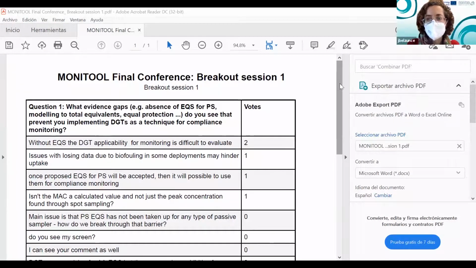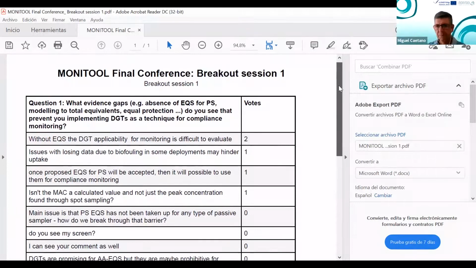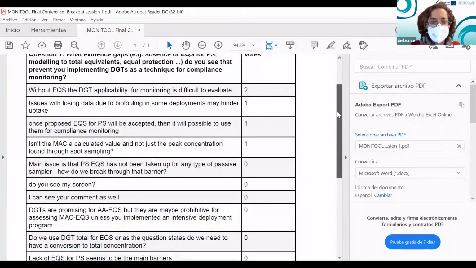Yes. The questions that we have for discussion were: what evidence gaps, like absence of EQSs for process samples, modeling to total equivalence, equal protection, prevent you from implementing DGTs as a technique for compliance monitoring? Most of the questions we have relate to the EQSs.